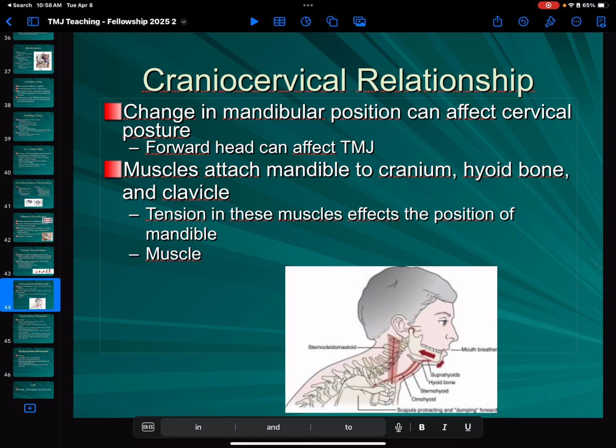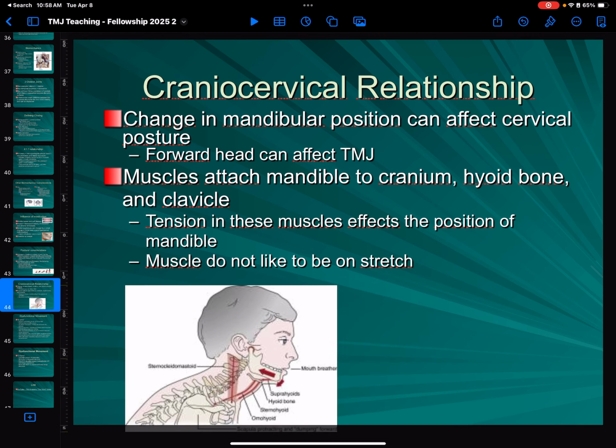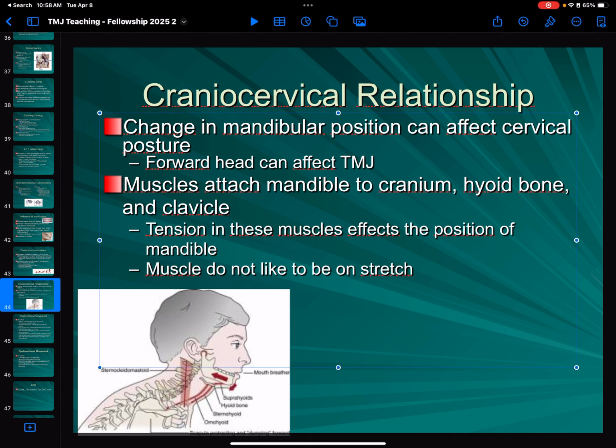This is reflexively. And this is where it's cool. Some of these studies, they've actually seen it, like the EMG, what the muscles are doing. So you're here, your muscles are going to try to open to get you off of slack. Make sense? Do you want to, though, walk around with your mouth open all day?